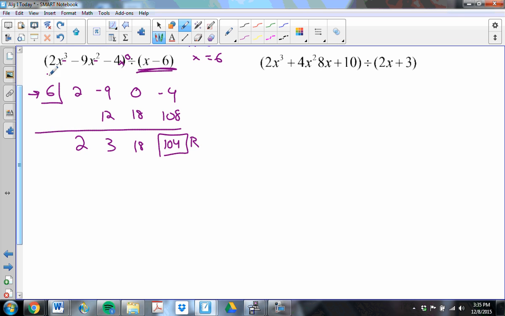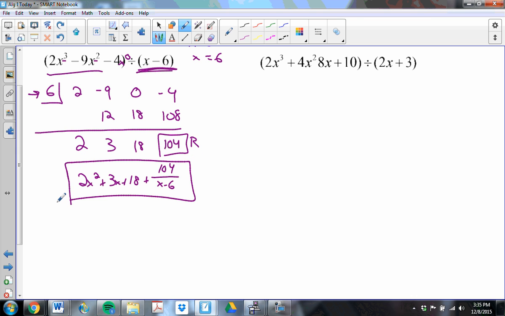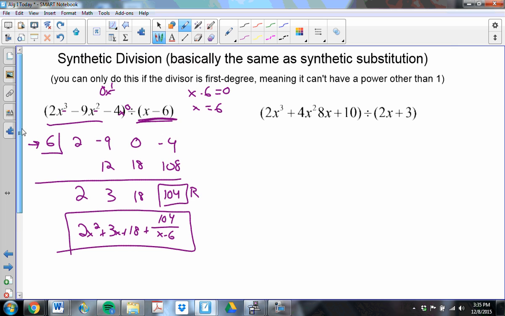If I do this divided by this, I'm going to get 2x squared plus 3x plus 18 plus 104 over x minus 6. That is synthetic division. The exact same as synthetic substitution, only you have to take whatever you're dividing by and put in the box whatever makes the thing you're dividing by equal 0.